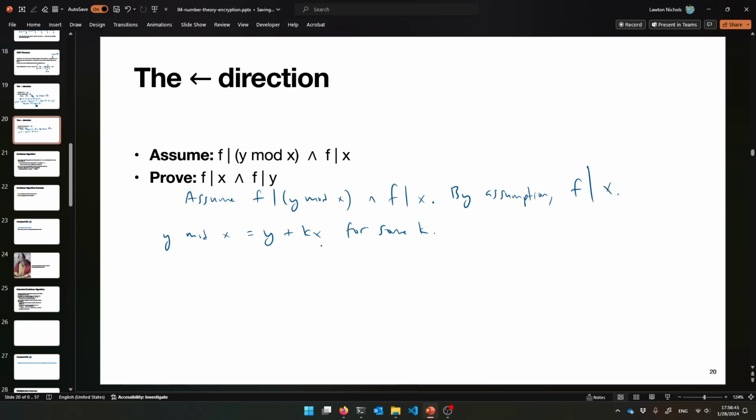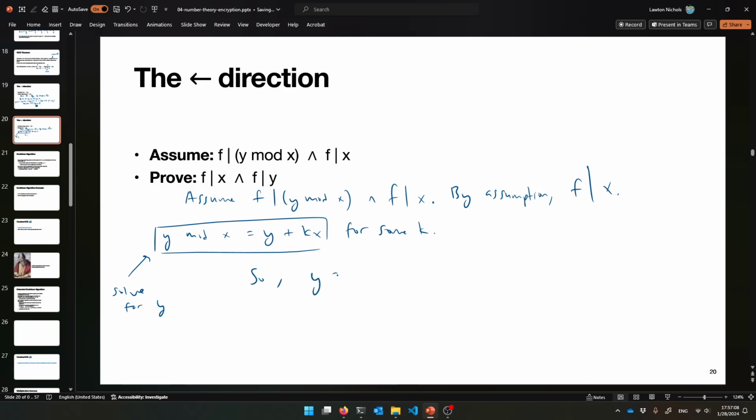And now, I'd like to know that f divides y, so I need to know that y is equal to some multiple of f, right? I have an equation involving y here, so let's solve this for y. That might help me here.